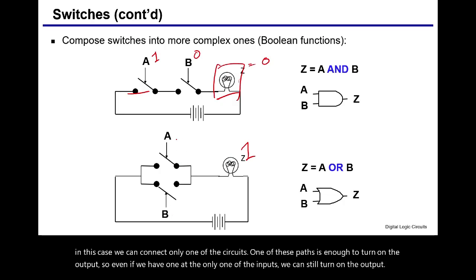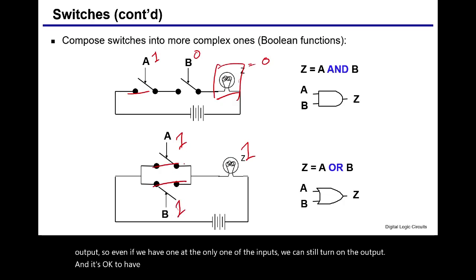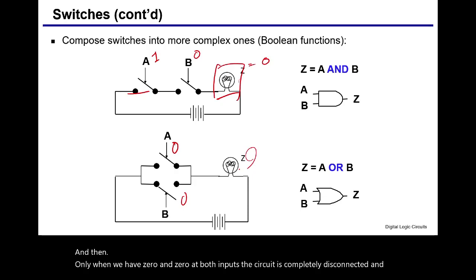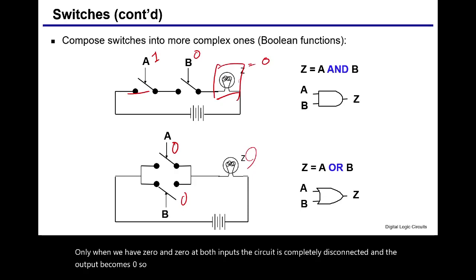And it's okay to have both 1s and connect two paths simultaneously, and we can still turn on the output. And only when we have 0 and 0 at both inputs, the circuit is completely disconnected and the output becomes 0. So this resembles the operation of an OR logic gate.